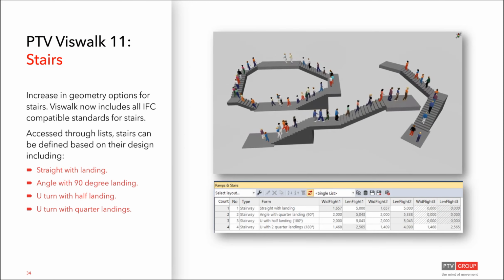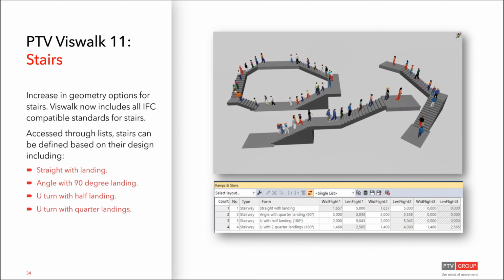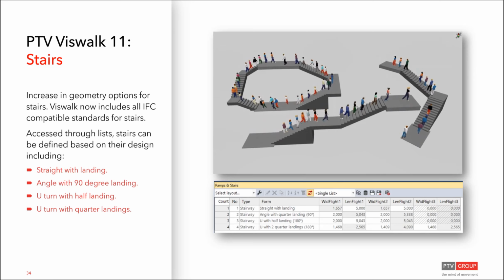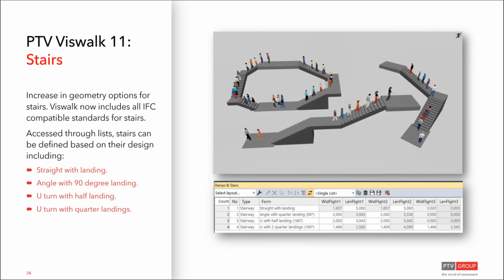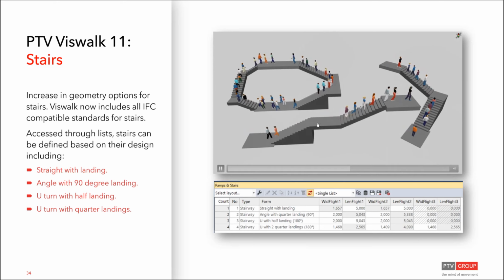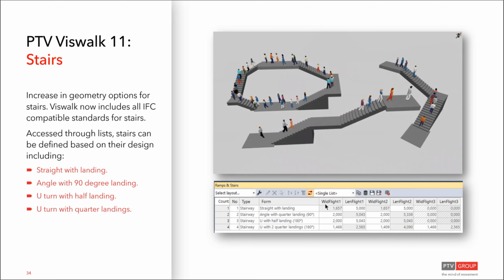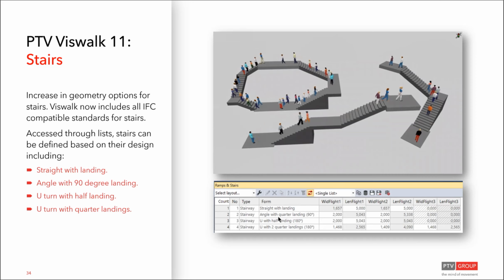We have a new network object. We have extensions to the network object stairs. We have different stairs, like you see here, the ones with a 90-degree landing, a U-turn, and an intermediate landing. They can be configured directly in the ramp and stairs network objects.